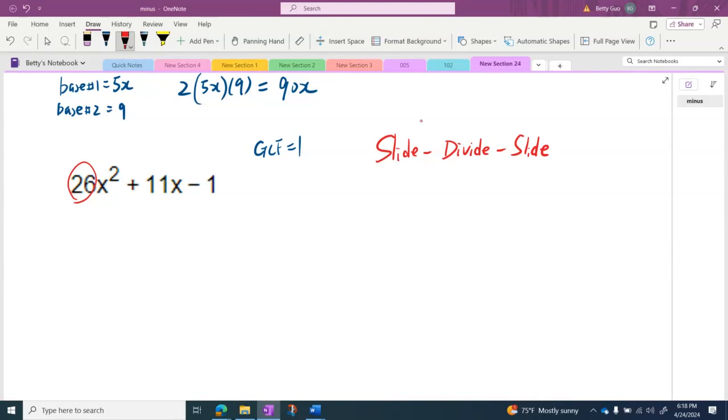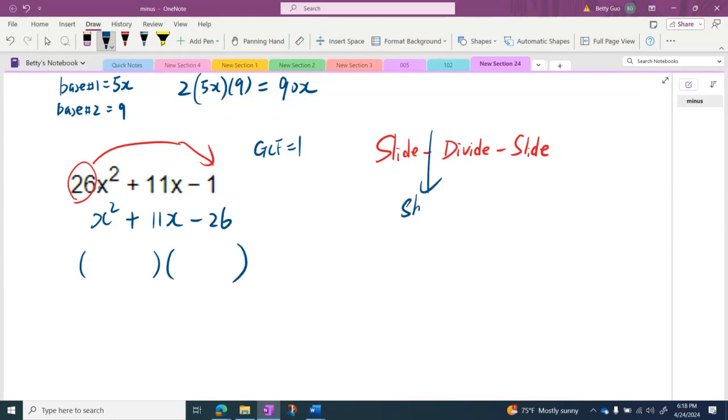Slide and divide. So the slide is to multiply with the constant and create a new polynomial. The new polynomial is going to be x squared plus 11x minus 26. And then we are going to shortcut. We actually have a shortcut here.